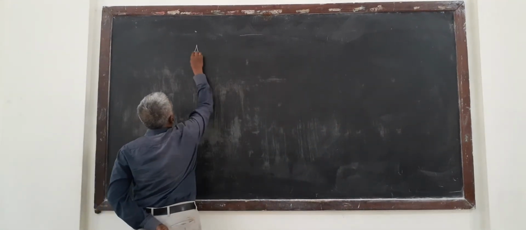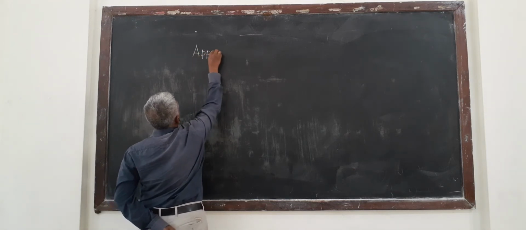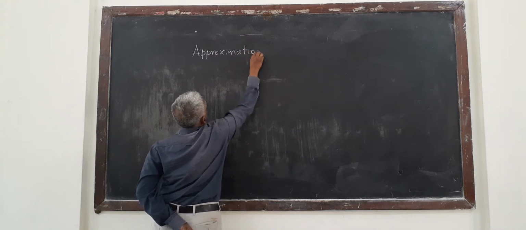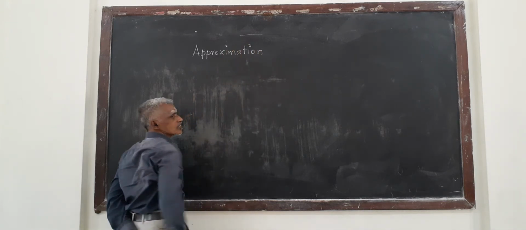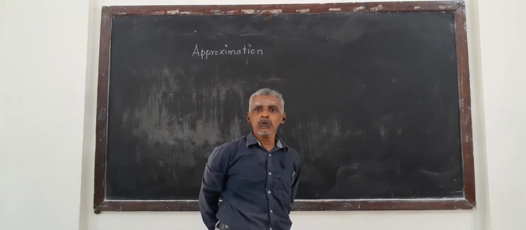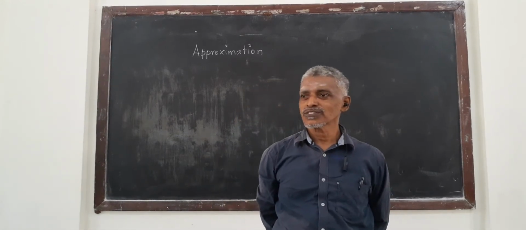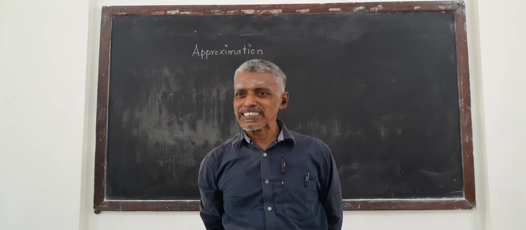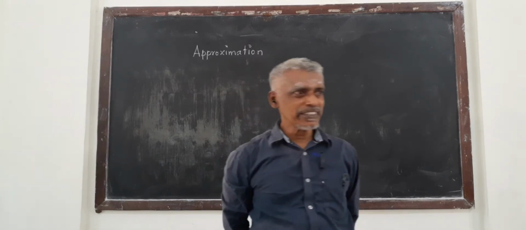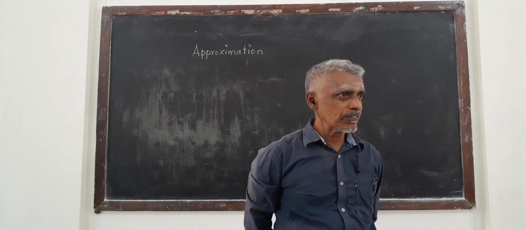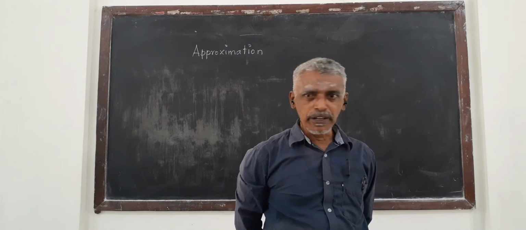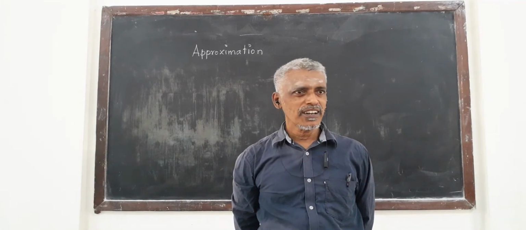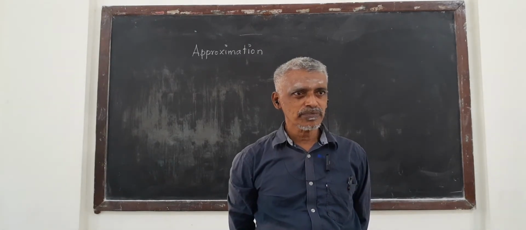So this is an important thing, approximation. Where do you need approximation? We used to say, approximately I got the answer. That's the first place I think we used to say the word approximation, right? Approximately it will be like this.